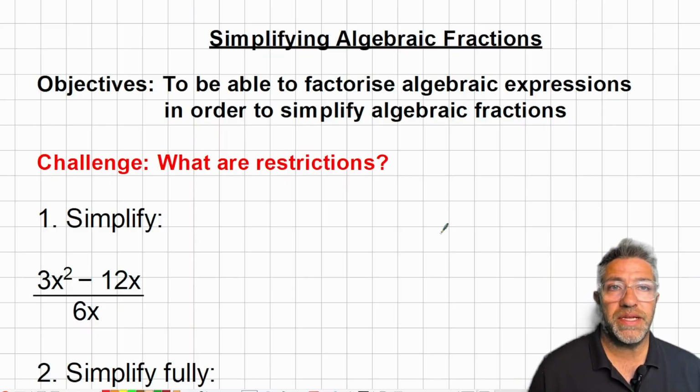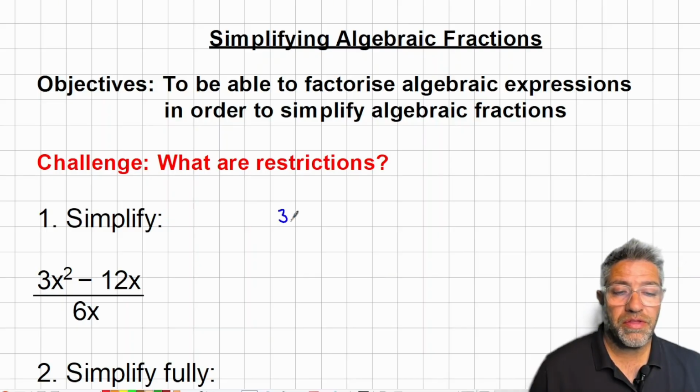in GCSE Mathematics. So if we take question 1, we're being asked to simplify the expression 3x squared minus 12x all over 6x. Now I'm going to begin by factorising. If we factorise our numerator, we're left with 3x, open brackets, x minus 4, close brackets.